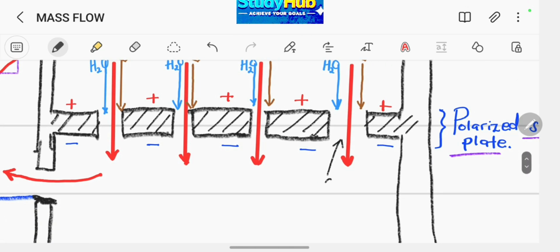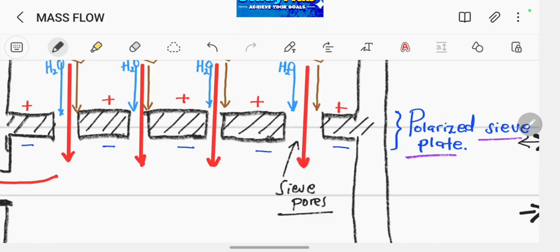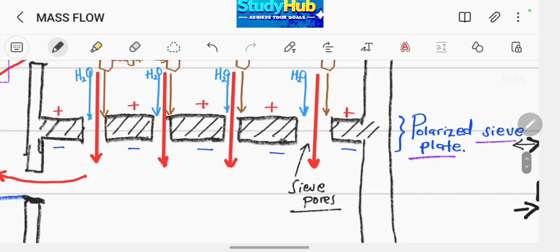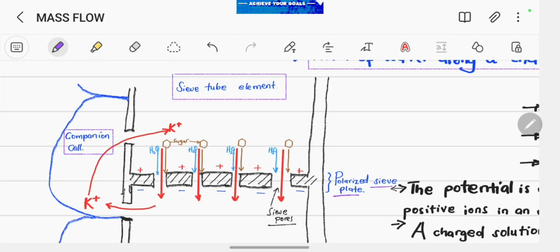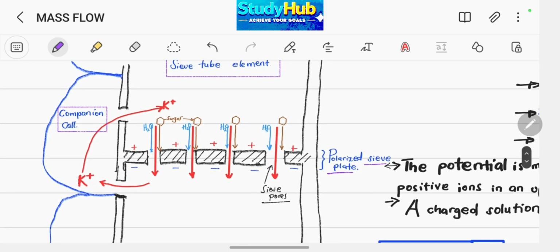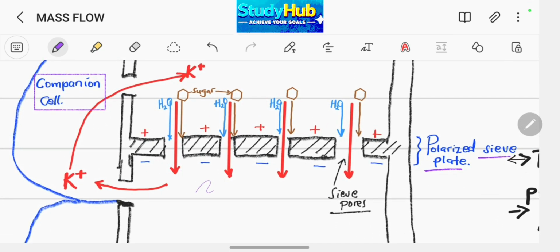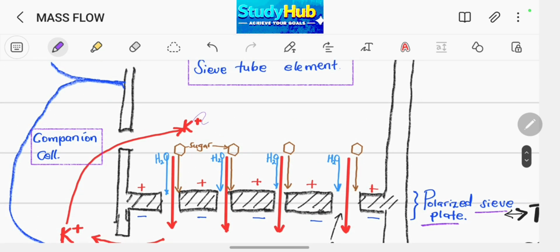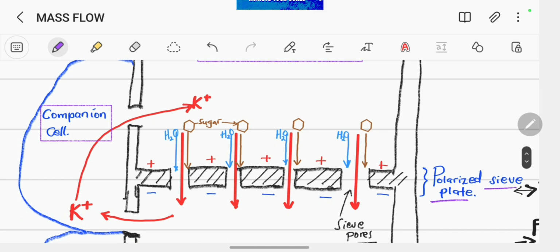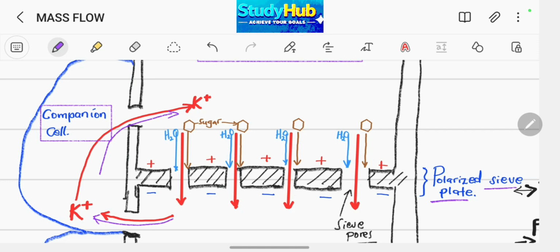So we shall call these ones pores. And this companion cell is actively pumping potassium ions from the lower sieve element to the upper sieve element. So it actively pumps potassium ions from down to up.